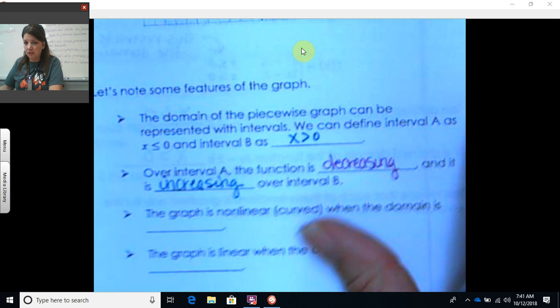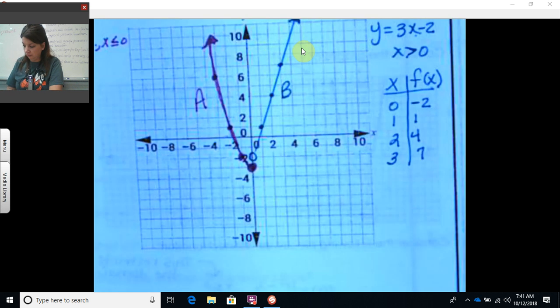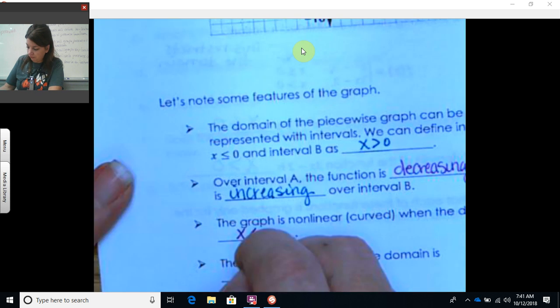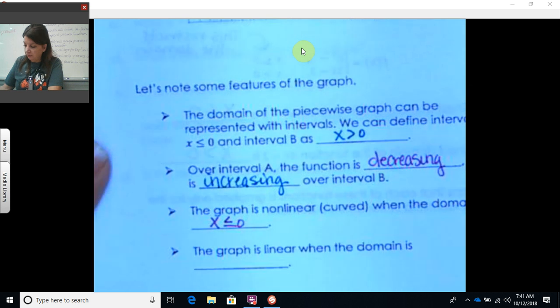Which one is curved? A. What's the domain? X is less than or equal to 0. The graph is linear when the domain is what? X is greater than 0.